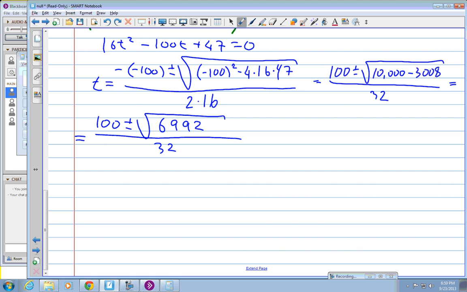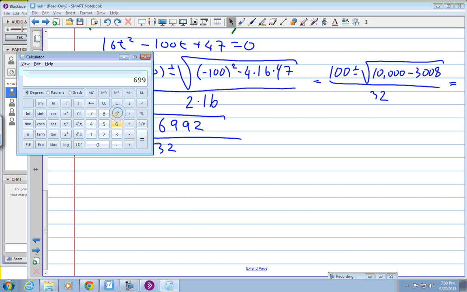Oh. Yeah? Hey, ugly numbers. What can you do? Now, 6992 is probably not a perfect square. And what is it divisible by? Can I simplify this? Oh, even better.